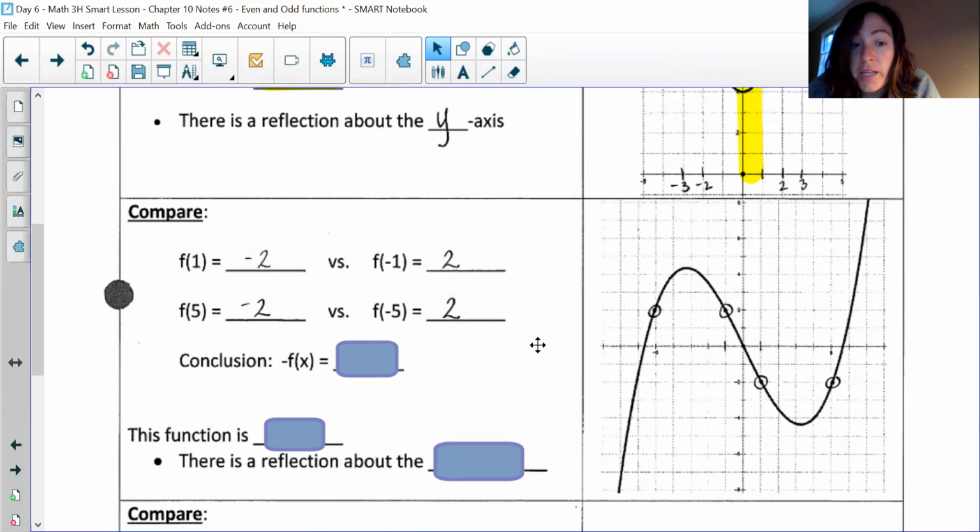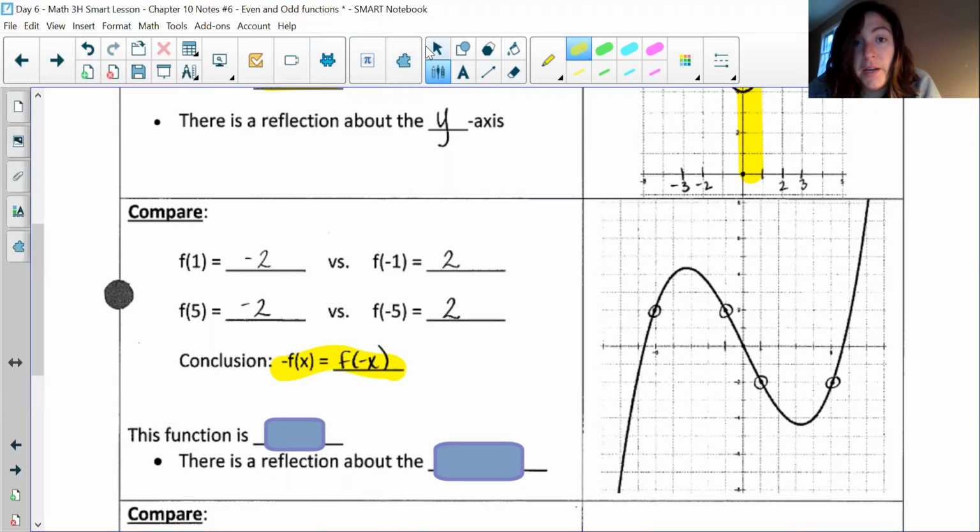So our conclusion here is that the opposite of f of x is equal to f of negative x. So as we see, f of 1 equals negative 2, then f of negative 1 is equal to positive 2. So f of negative x is equal to the opposite of f of x.